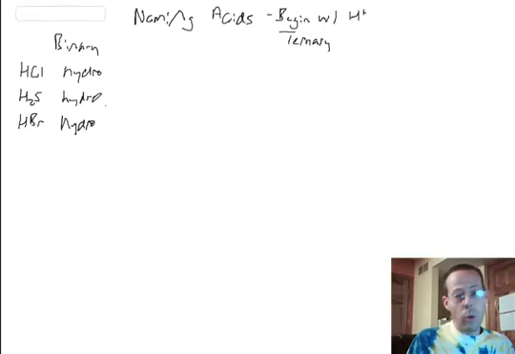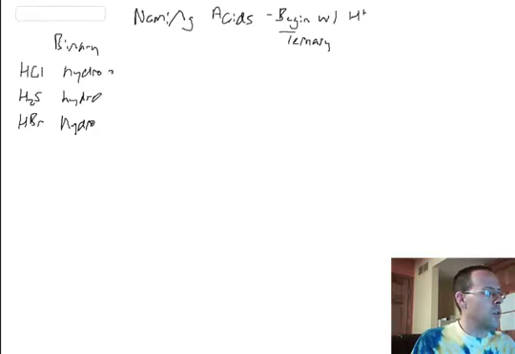For the chlorine, it's going to become hydrochloric acid. The S is going to become hydrosulfuric acid. And the bromine is going to become hydrobromic acid.